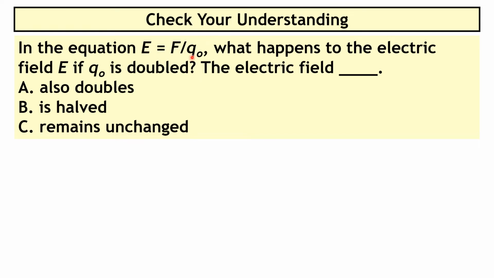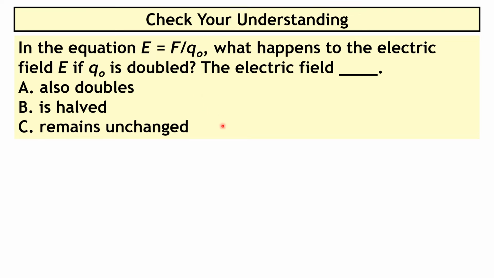Because at first glance, electric field seems to be inversely proportional to Q naught. So if you double Q naught, the denominator in the equation, its effect on the electric field E is for the electric field to be reduced by half.